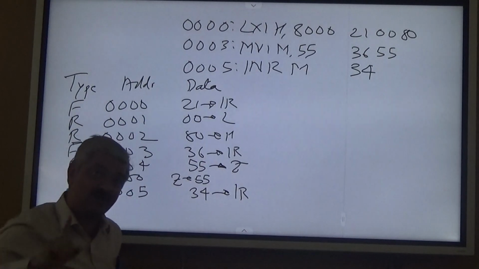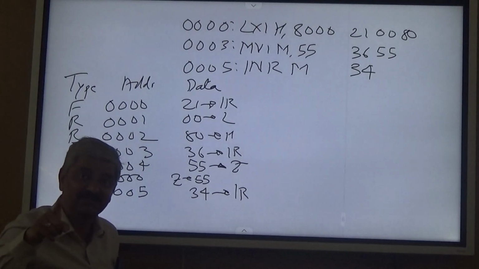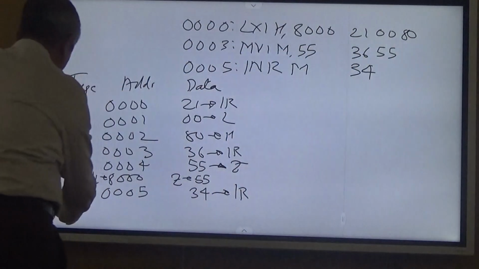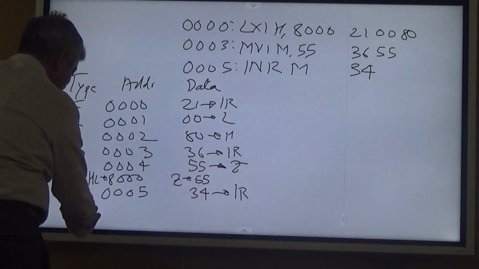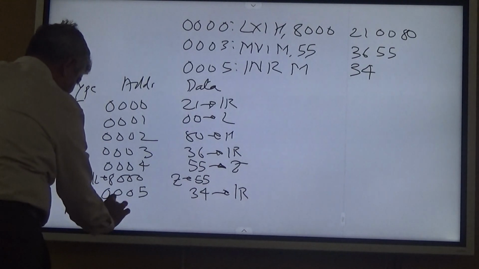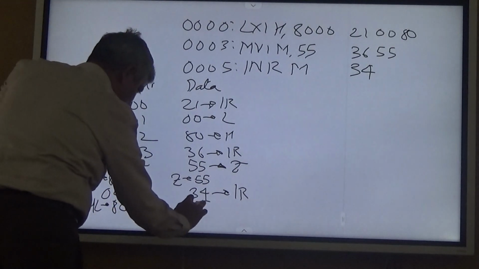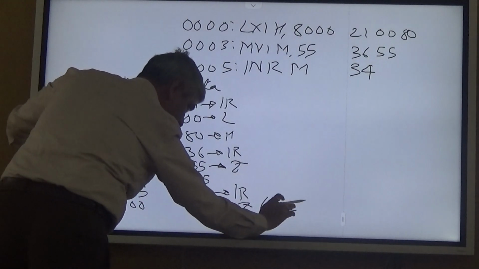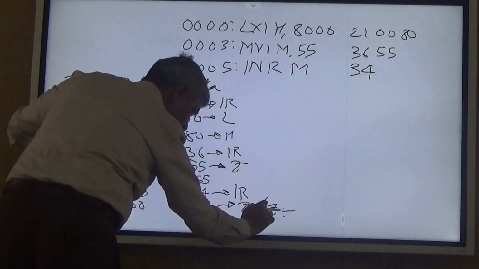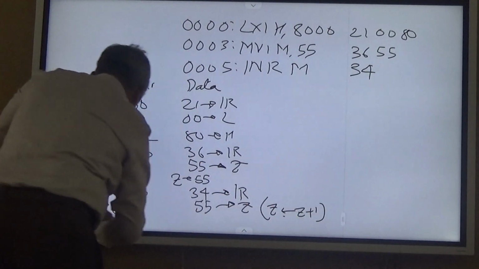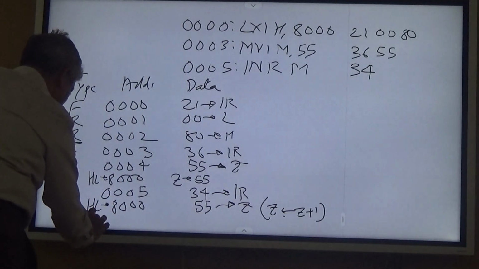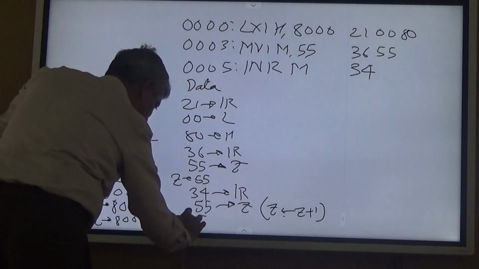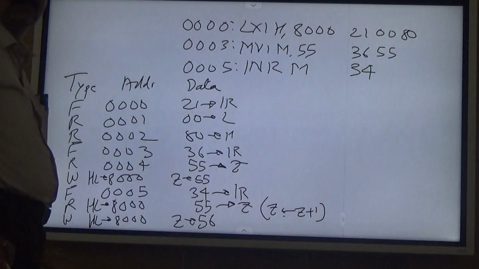So increment M is a 1 byte instruction, but it requires 3 machine cycles. Next is memory read, using address HL 8000. 55 will come. Where will 55 go? Z. And then write: HL will give 8000 and Z will give the data. Is it right?